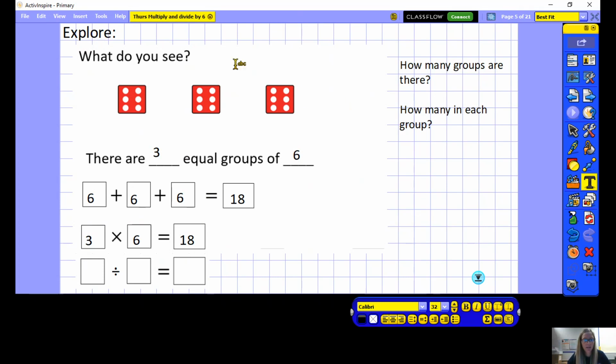So I've got 18 altogether, and then when I divide them into 3 groups, I have 6 in each group. So 18 divided by 3 equals 6.